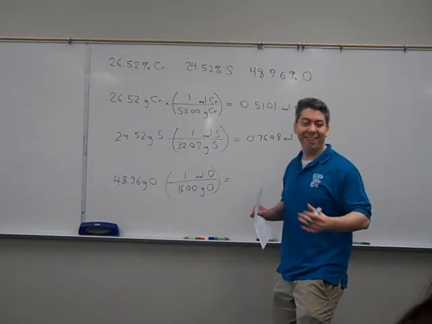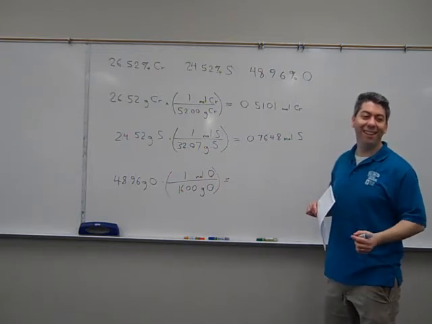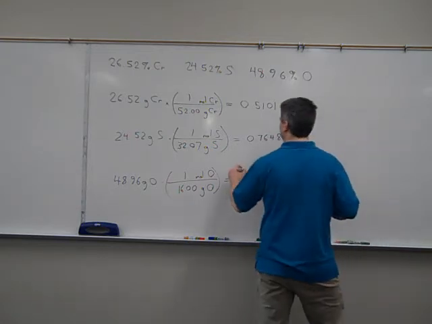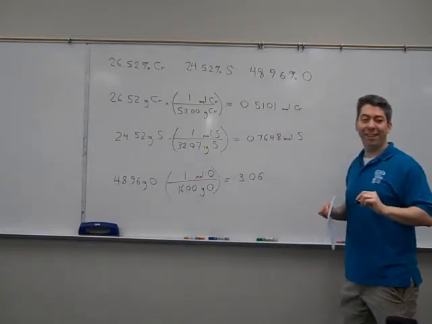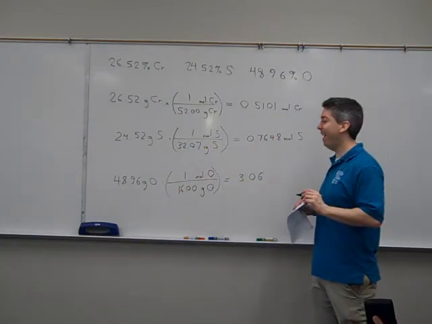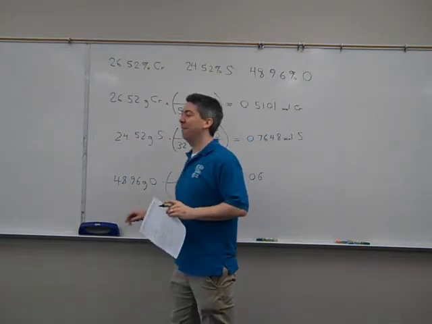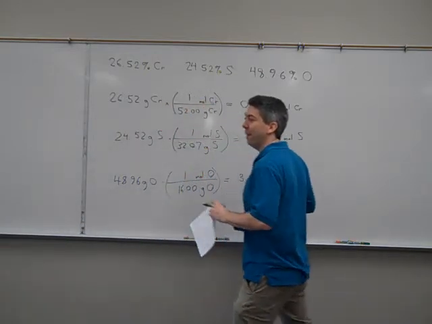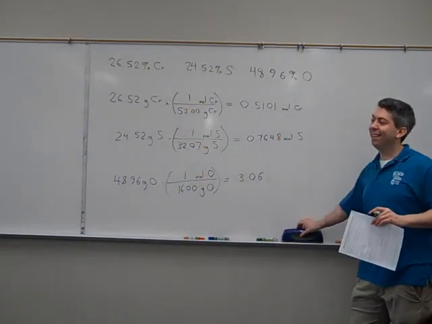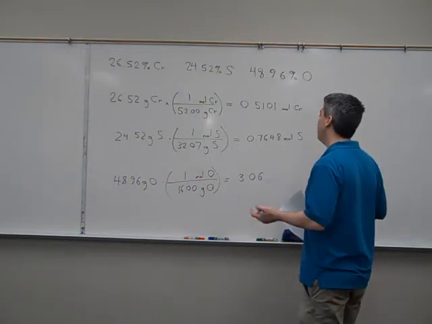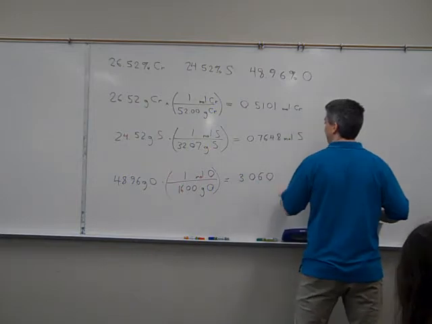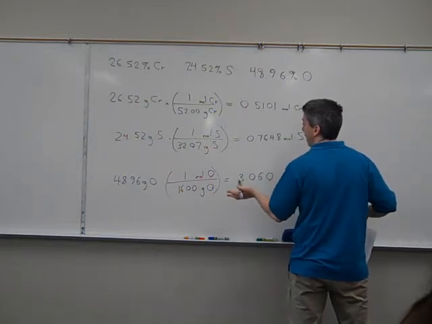Don't leave me hanging. 3.06. 3.06 what? That's all I got. I think I might have done something wrong. No, it does sound like about 3.06, but anybody got a fourth sig fig? 3.060. There we go. Alright, it might have turned out to be exact, who knows?